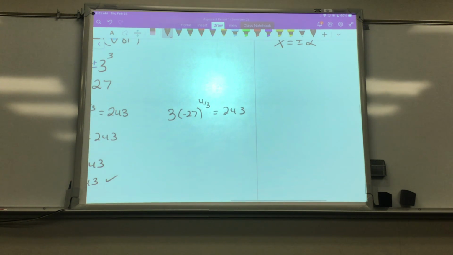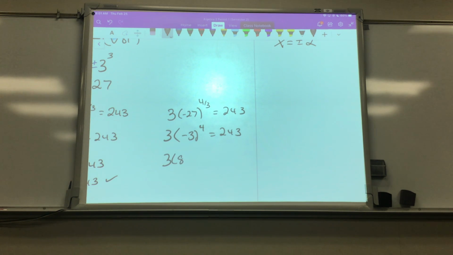Now when I check this one, what's the cube root of negative 27? Negative 3, right? We're going to take that to the fourth power. Since I'm taking it to the fourth power, that's going to change it back to positive, right?